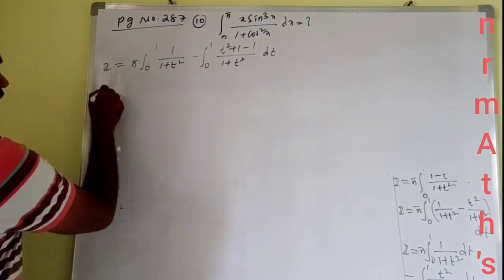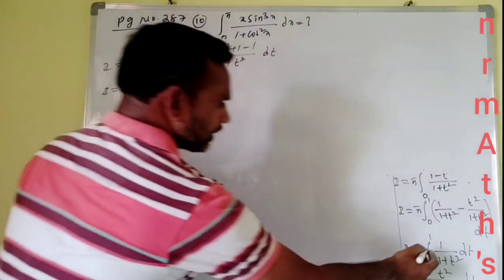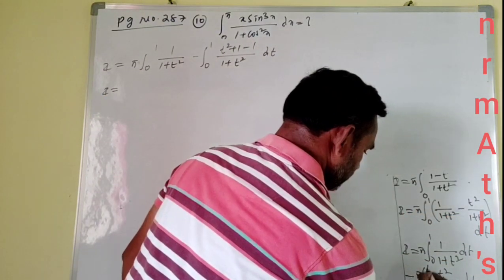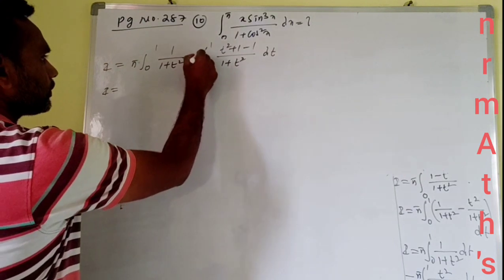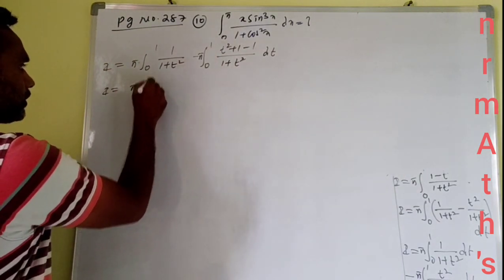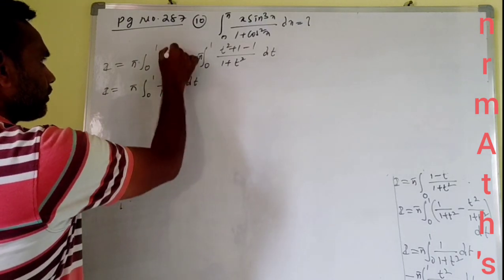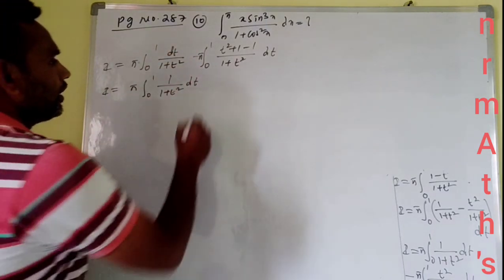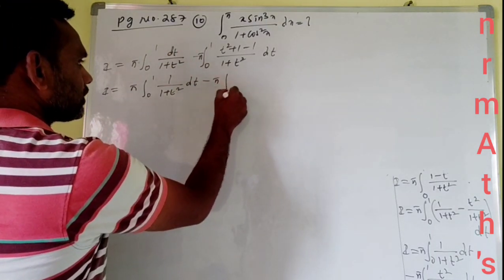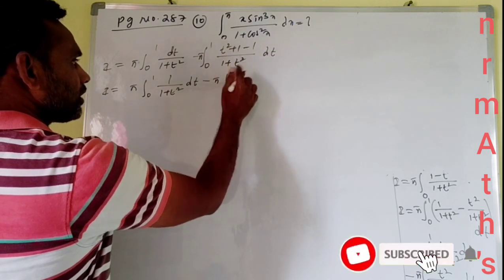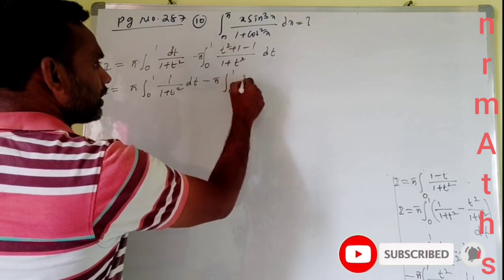Now I is equal to pi into pi, here also pi. Now pi times the integral from 0 to 1 of 1 by 1 plus t square dt. Now split there: pi times the integral from 0 to 1 of t square plus 1 by 1 plus t square, the answer is 1, and 1 into dt.